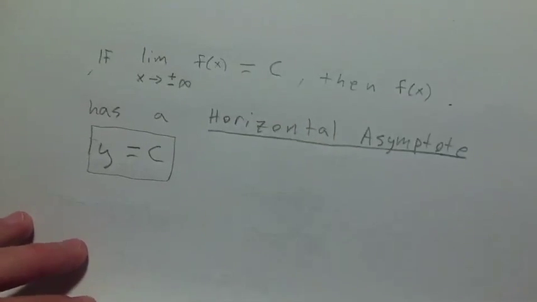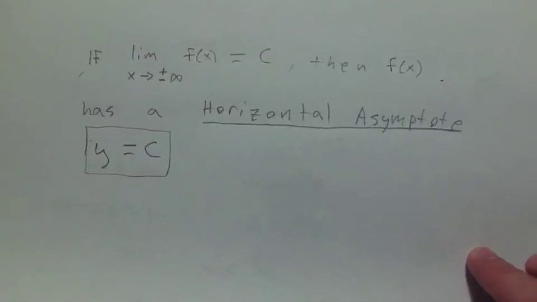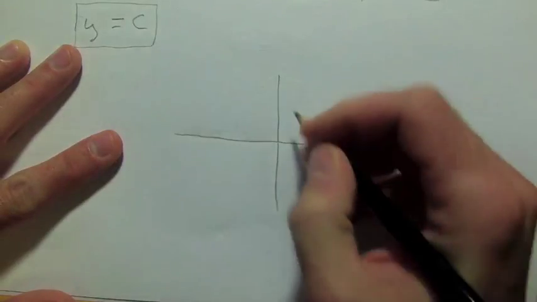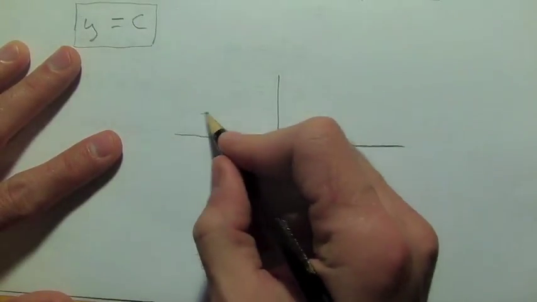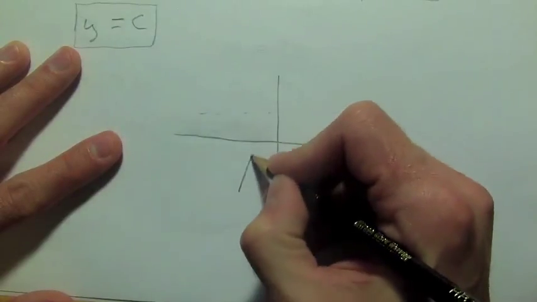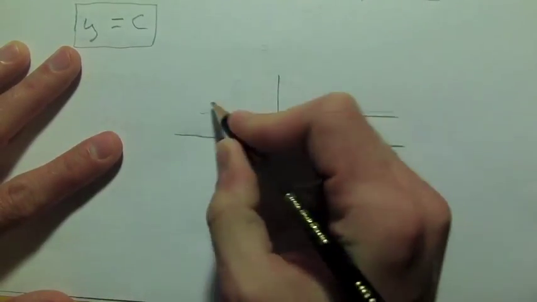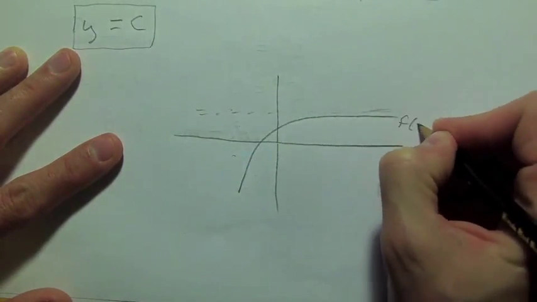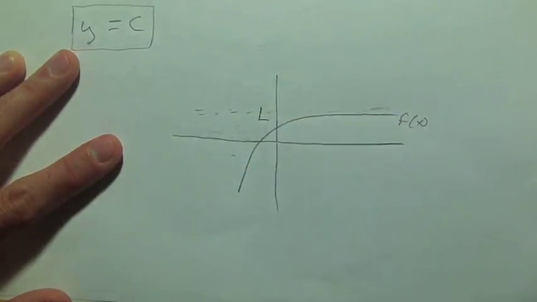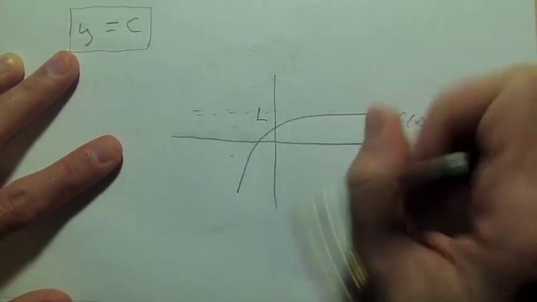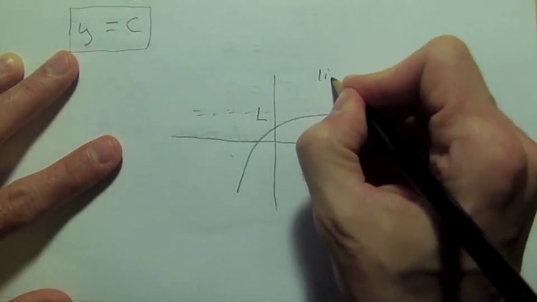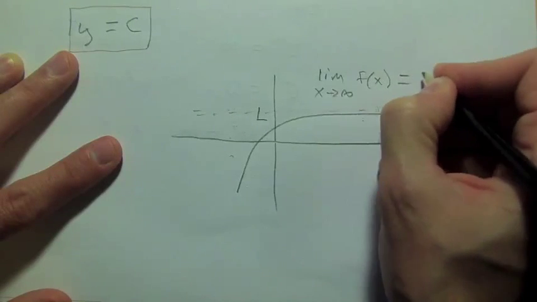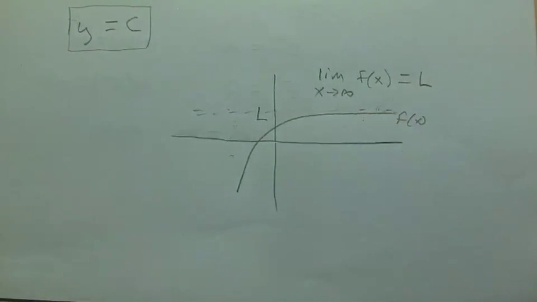So basically, you've seen asymptotes before in your pre-calc class, but if the function levels off, say this is f of x, some function, and we see that the limit as x goes to infinity of f of x equals L, it levels off.